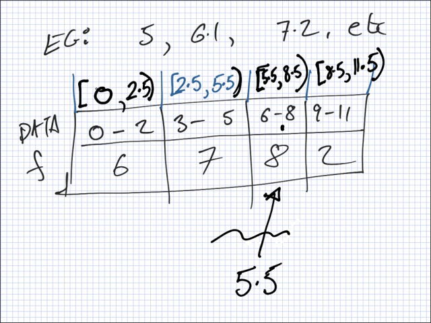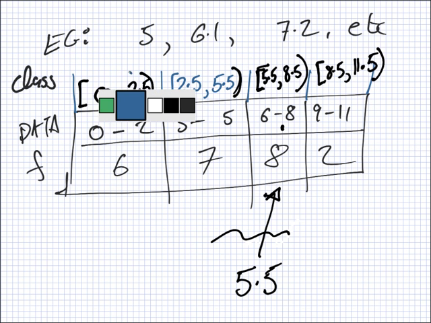Now, unfortunately, you need more vocabulary. Each of these is called a class interval. So if the question said, draw the class intervals or add the class intervals, that means to add the full interval to the table. What might you call these numbers?